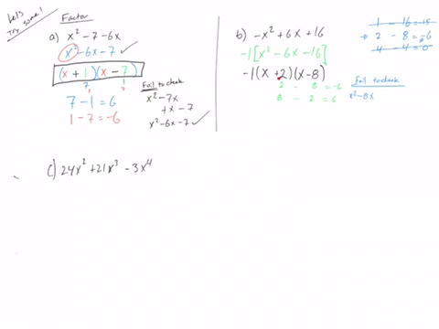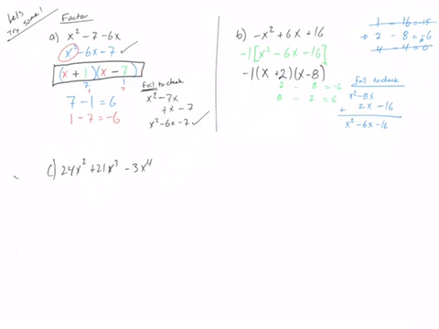Then I have 2 times x, which gives me 2x. Then I have 2 times negative 8, which gives me negative 16. And if I add those, it's going to give me x squared minus 6x minus 16.